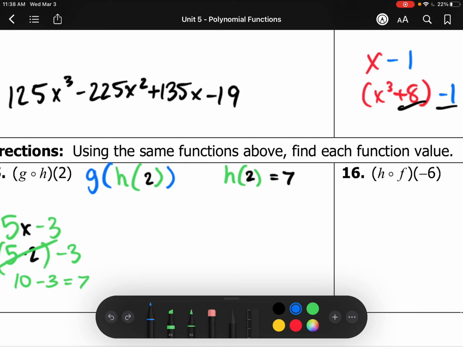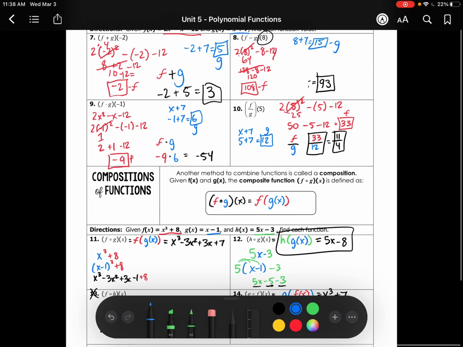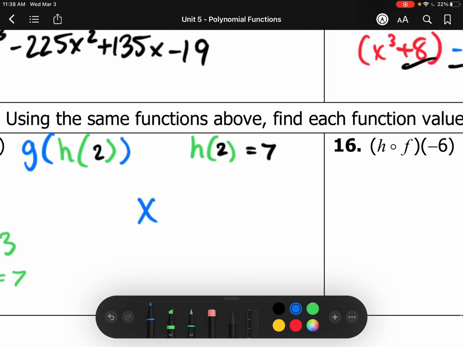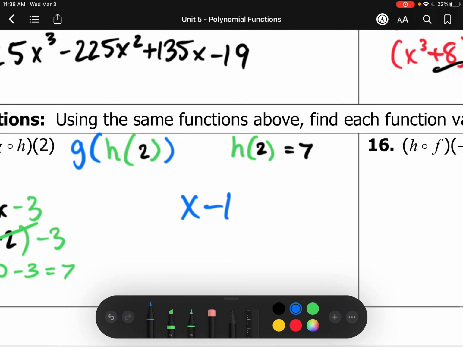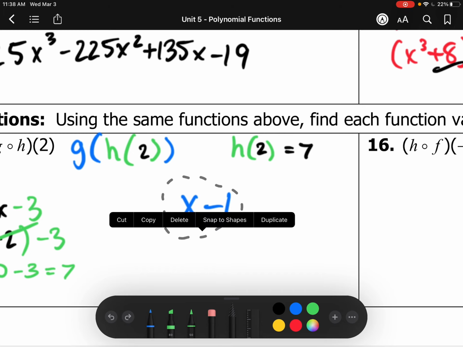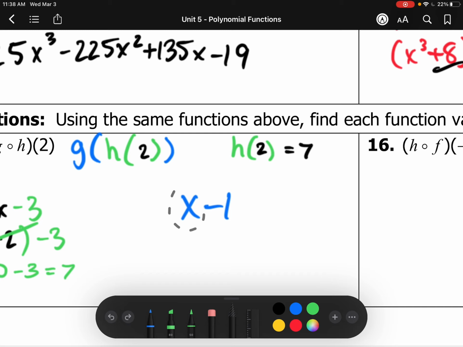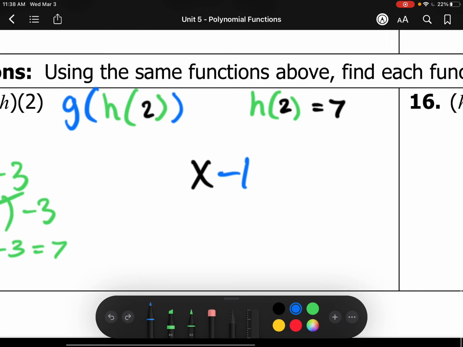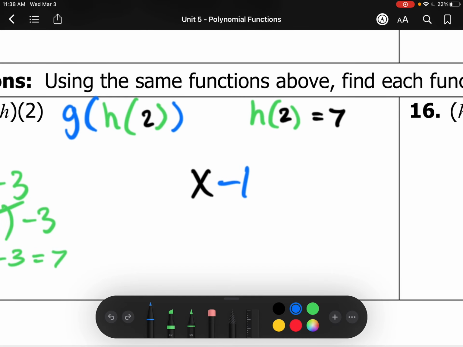So what that means now is I'm going to go ahead and take function g, which is x minus 1, and I'm going to replace this x. I'm replacing this x right here with this 7 that we got as a result of h of 2, right?